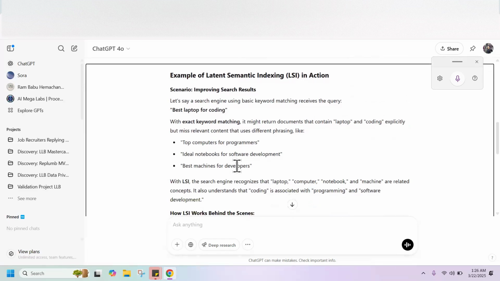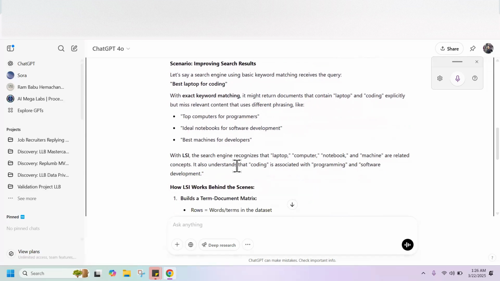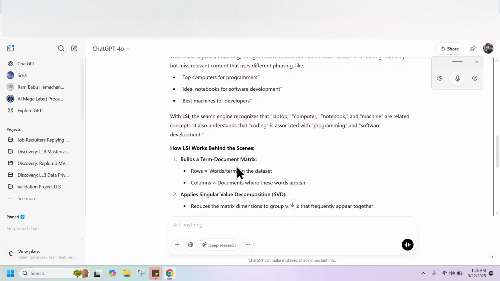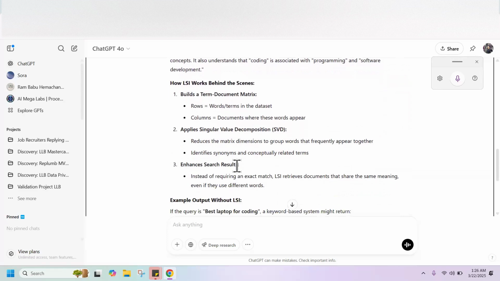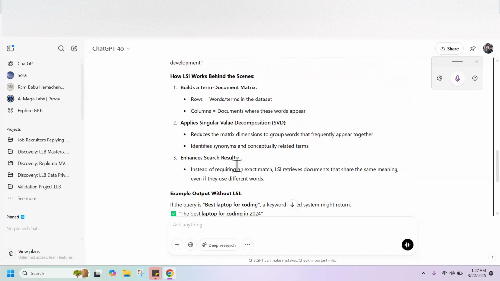I think related should be the broad match. Yeah, LSI is more related to broad match, correct. It tries to identify what is the intent behind the phrase, and if a different phrase with the same intent is made, it identifies that the user is trying to convey the same message. Does that make sense?